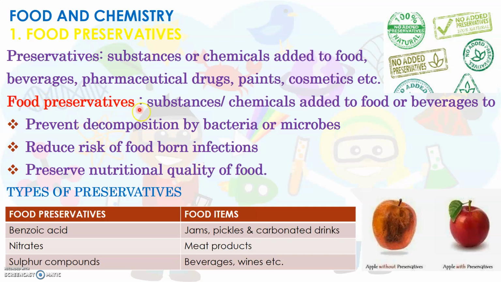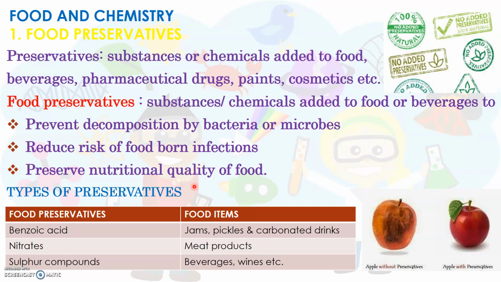So, food preservatives are substances or chemicals that are added to food or beverages to prevent decomposition, that is, breaking down of the food by bacteria or microbes, and keeping the food fresher for a longer time. It also reduces the risk of foodborne infections. And also, food preservatives help to retain the nutritional quality of food.